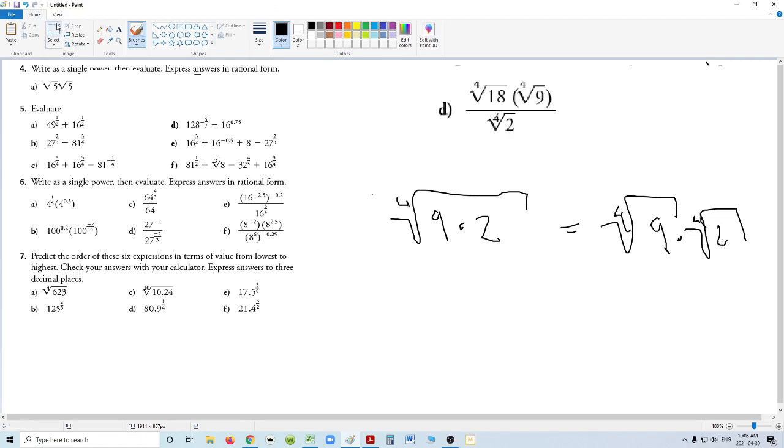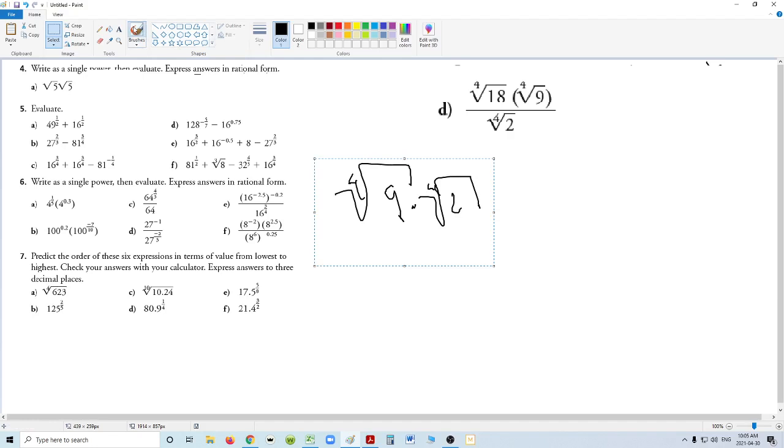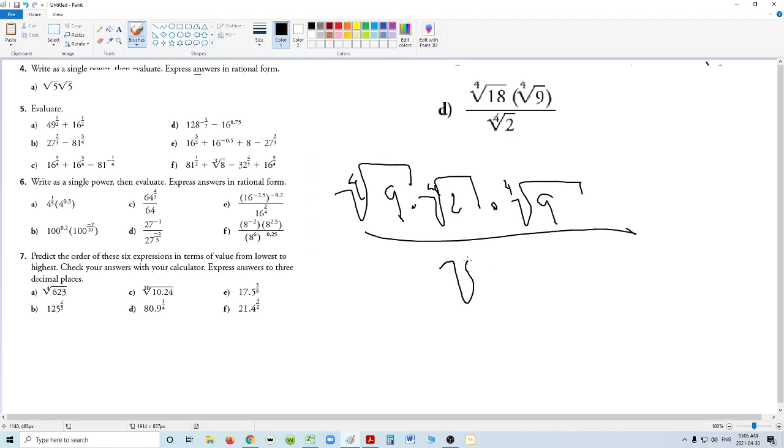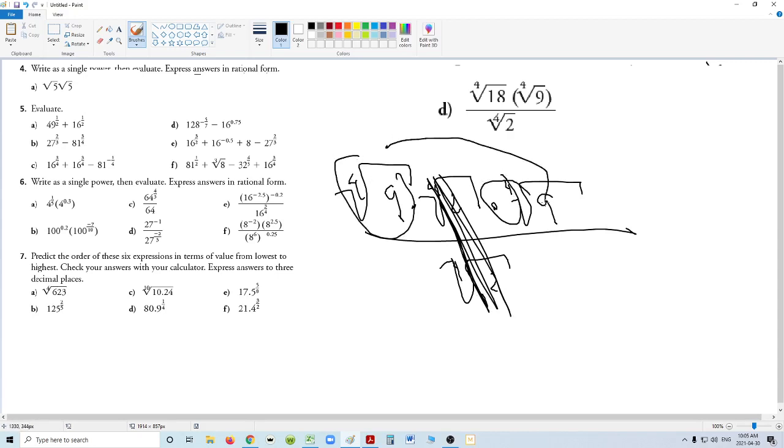So that means I can replace my 18 with this, and it's multiplying the 4 root of 9 over the 4 root of 2. It's actually the same thing. I could write it all in those decimals. This is smarter. Anything where it's the same root times itself will just be the number inside.